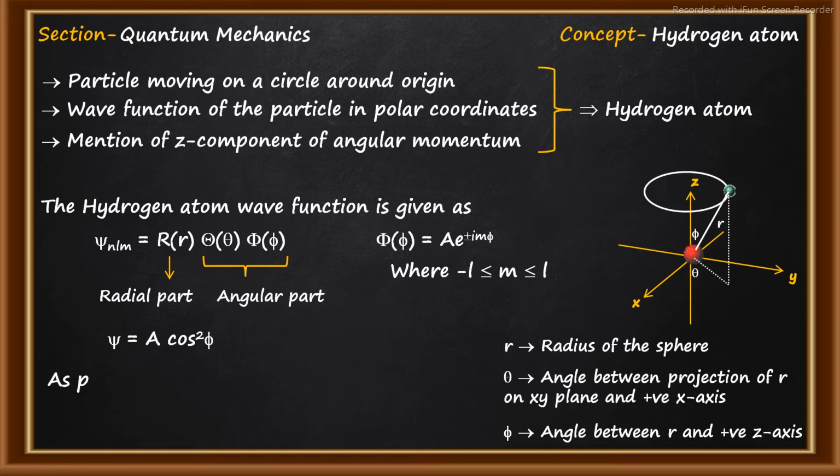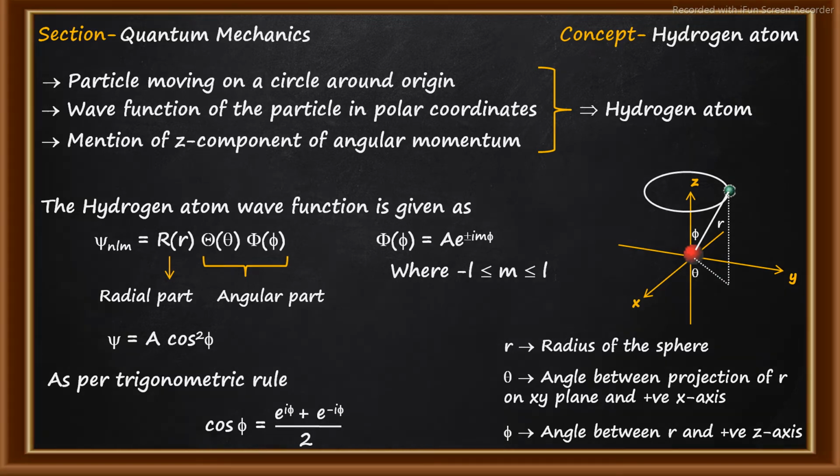As per trigonometry, cos phi is e to the power i phi plus e to the power minus i phi divided by 2. Using this in the wave function, psi equals A times (e to the power i phi plus e to the power minus i phi) whole square, divided by 4. Expanding, this equals A by 4 times (e to the power 2i phi plus e to the power minus 2i phi plus 2).